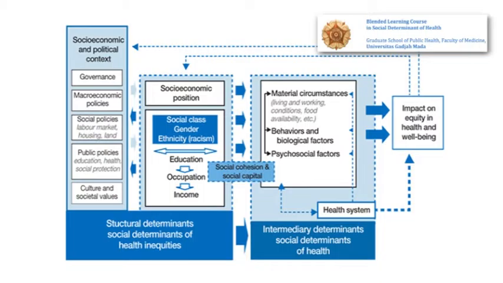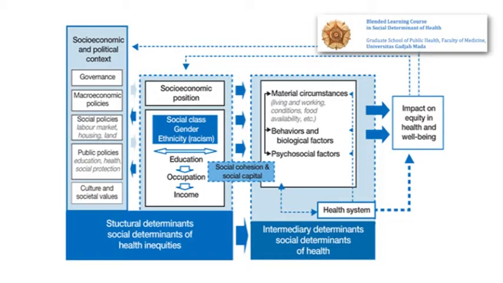Now there is some other framework that the World Health Organization has put in a different way, as you can see in the display. I don't want to go through that quickly, but you can look at the WHO literature.